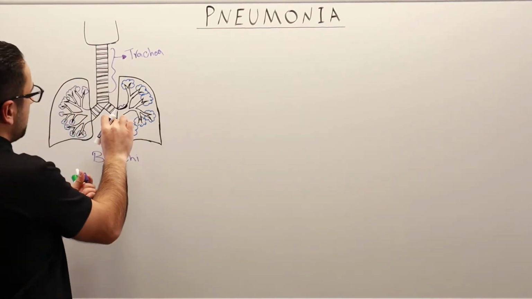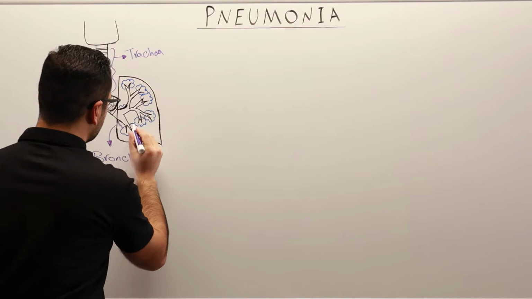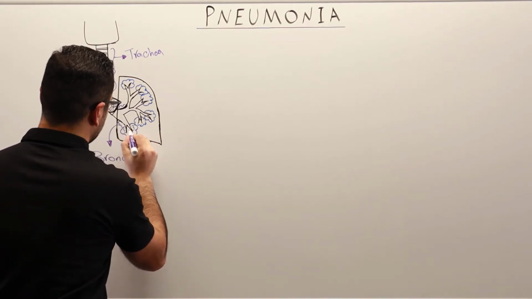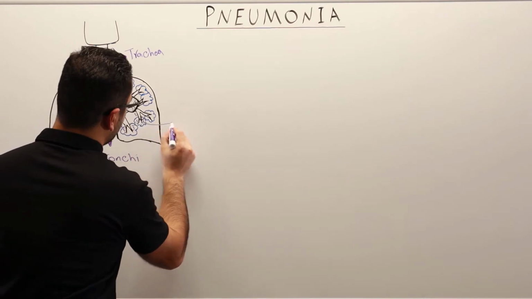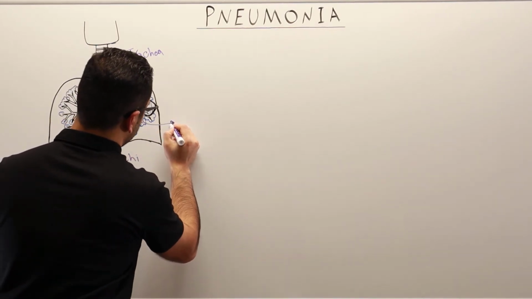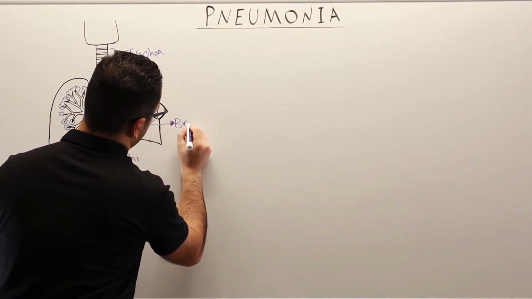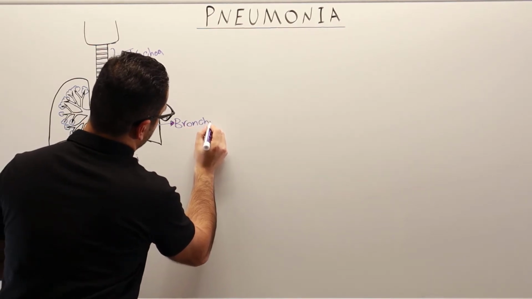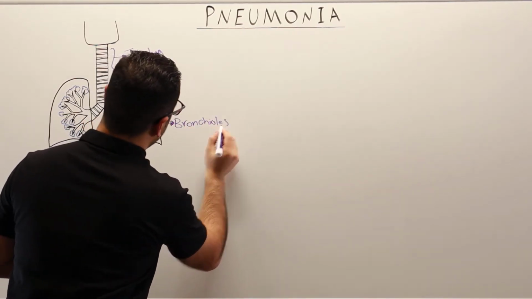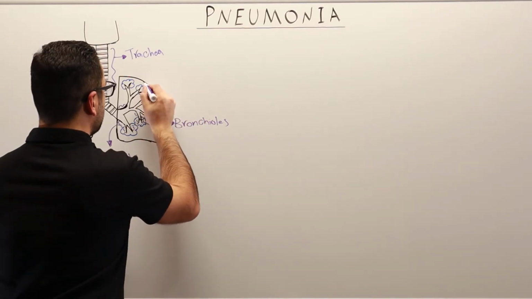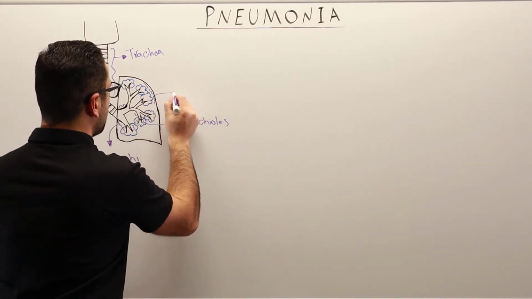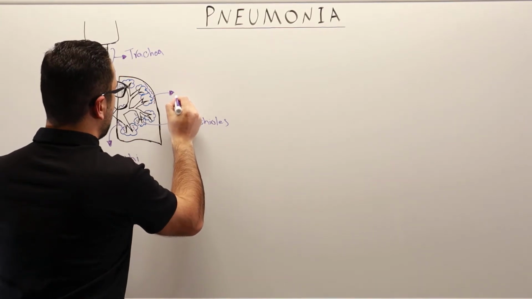And then from this large tube, it moves into a smaller tube, which is these over here. And these are called the bronchioles. And from the bronchioles it moves into the air sacs, which are these blue ones. And they're called alveoli.